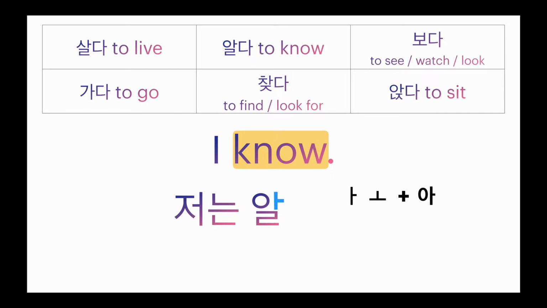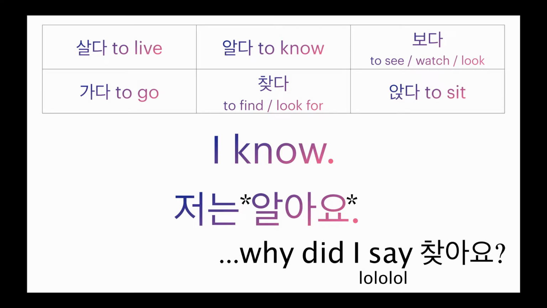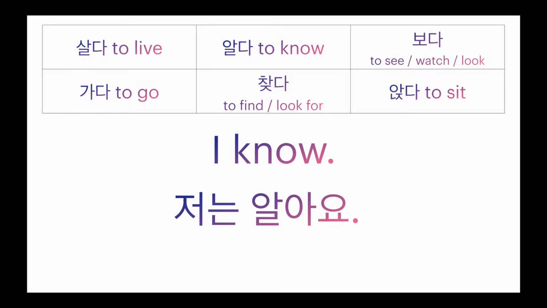So now we will add 아. And lastly, let's make it polite, 요. 저는 알아요. And if we wanted to make this into casual form, 저 changes into 나, and we will drop 요, so we end up with 나는 알아.